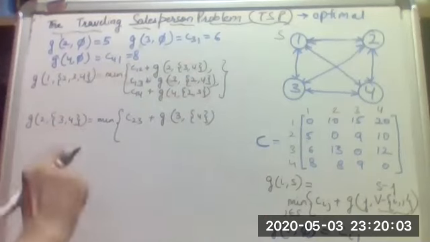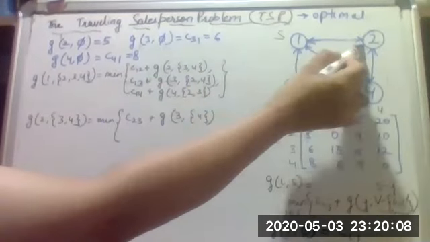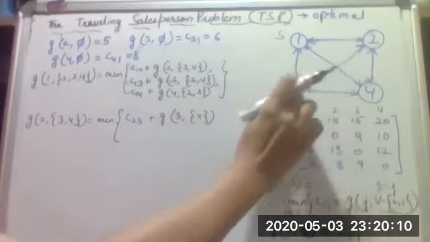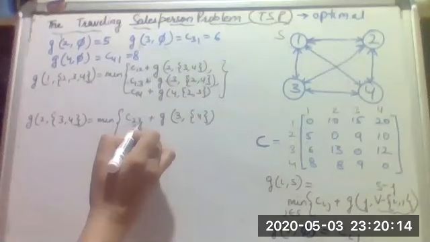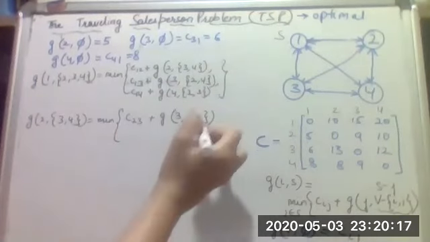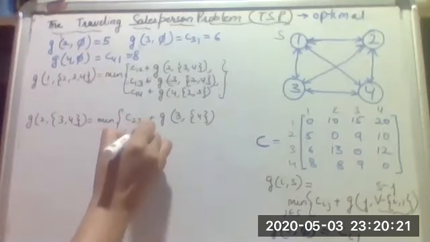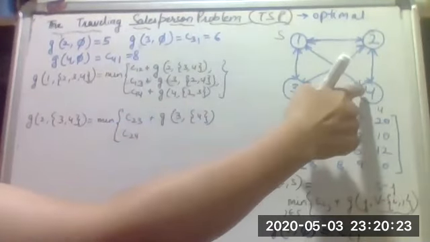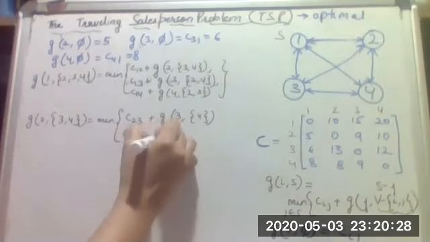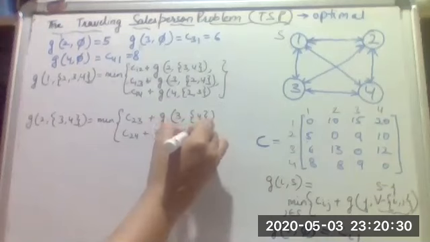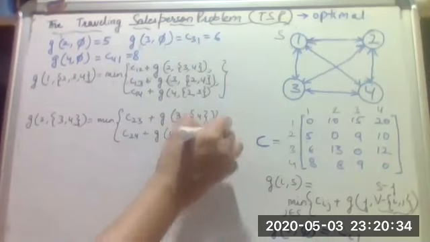So how this has come is, we have started from 1, then we have taken 2, and from 2 we have the path 3 and 4. Yes, so we are saying from 2 to 3 if we take, then we have to go through 4 and then go back. Otherwise, we can take from 2 to 4 and then traverse through 3 and return back. So that is written as this. I hope this is clear.